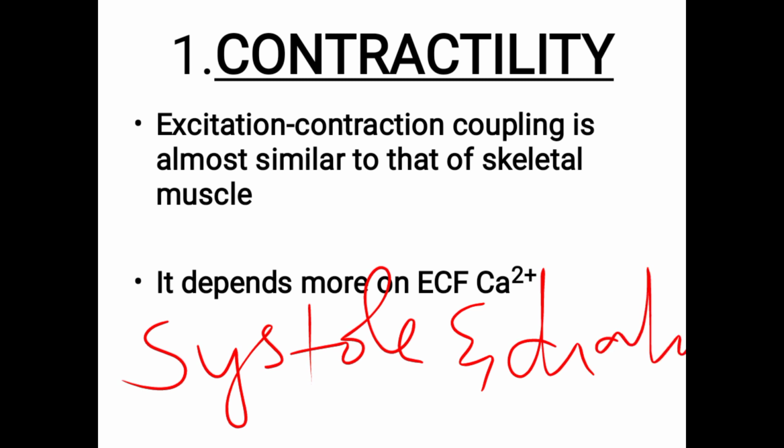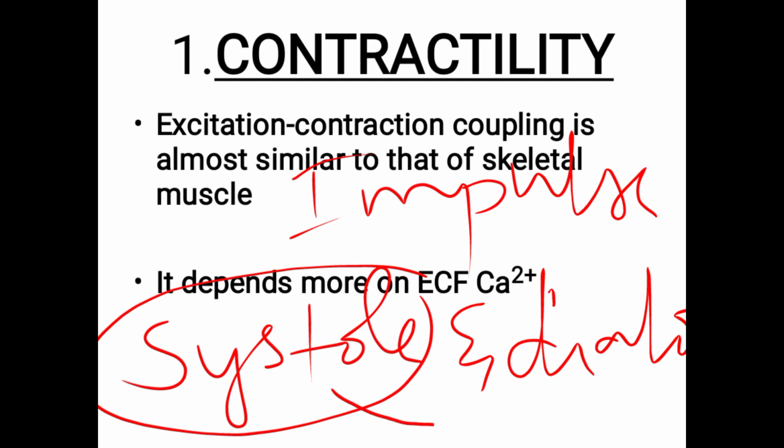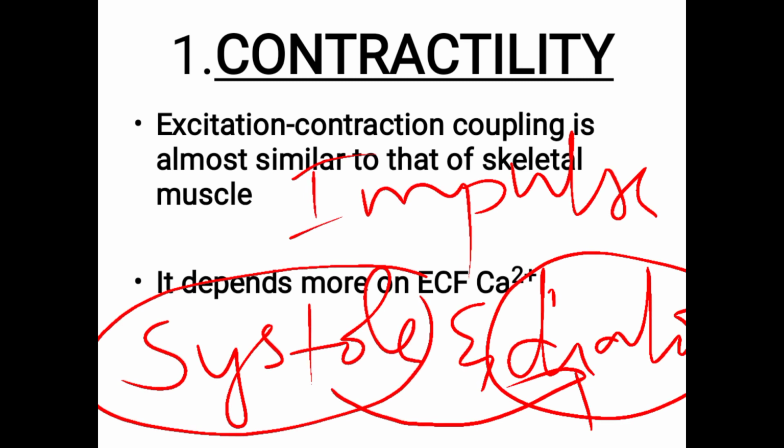When the cardiac muscle gets stimulation through the conducting system, it goes to different parts of the heart and shows a response, systole, the contraction of the heart. When the impulse is not there, the contracted muscle relaxes. Understood? That is called diastole.